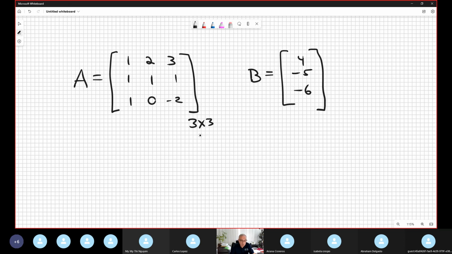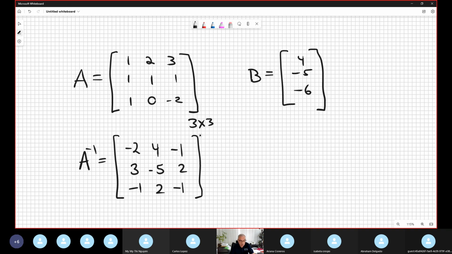So the formula for the inverse matrix is given, and you can check it. This is complicated to do by hand. So using GeoGebra, you put invert matrix A, and you get this answer. Let's check it. This is given in the problem, however you check it to double check it.